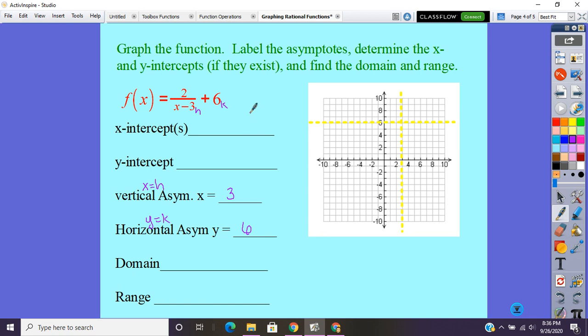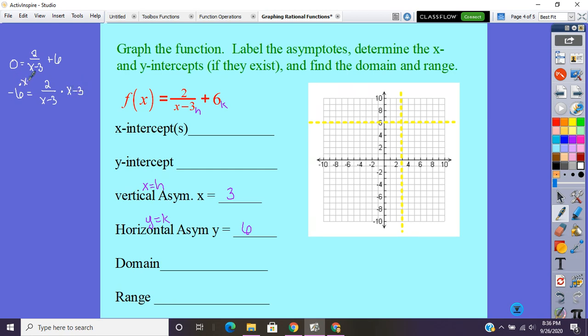Let's go ahead and find our x-intercepts. To find x-intercepts, it's the same process as we did last time. You plug 0 in for the y. So 0 is going to equal 2 over x minus 3 plus 6. Let's subtract our 6. So negative 6 equals 2 over x minus 3. And you always multiply by the denominator to get rid of it.